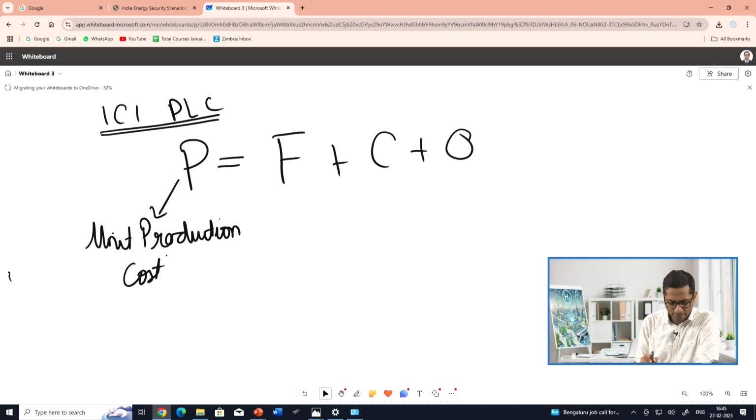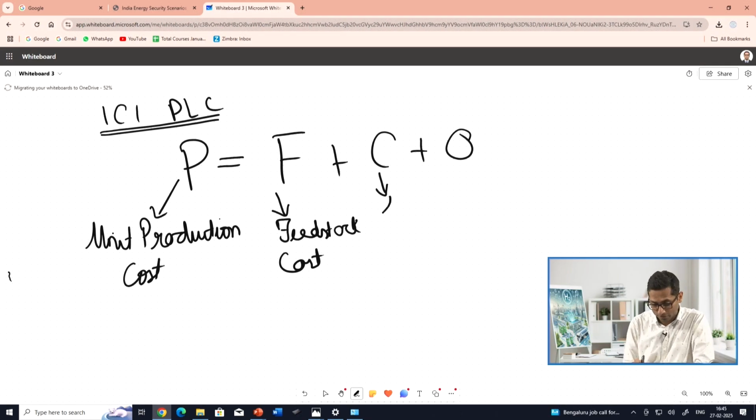By F I mean the feedstock cost for unit production. C refers to the unit capital cost, and O refers to the non-feedstock operating cost.